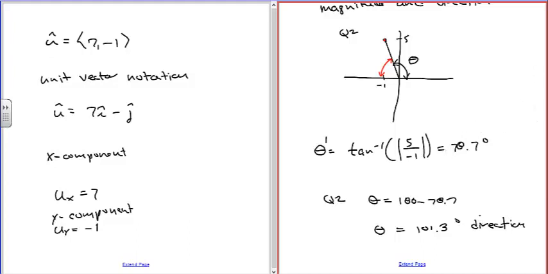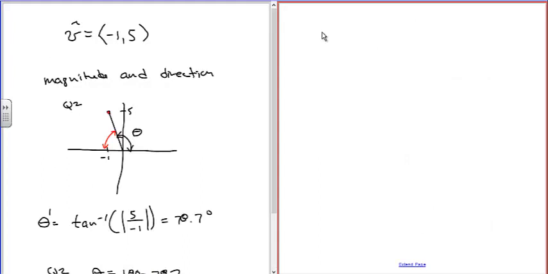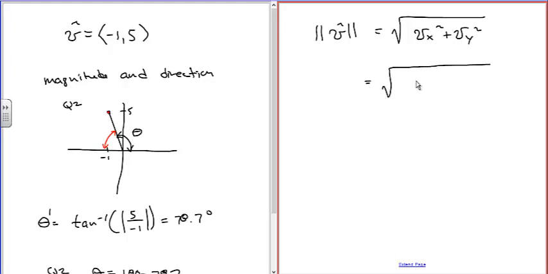Now the magnitude, all you have to do is the magnitude of vector v is equal to the square root of the x component squared plus the y component squared. So our x component is negative 1, our y component is 5, so you get the square root of 25 plus 1, which is the square root of 26, and that's your answer.